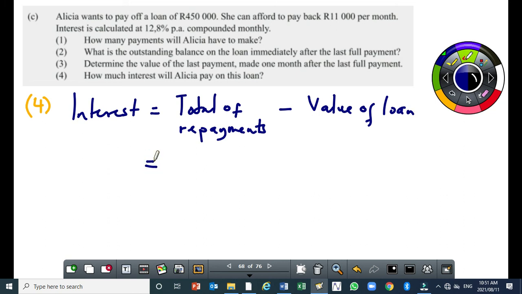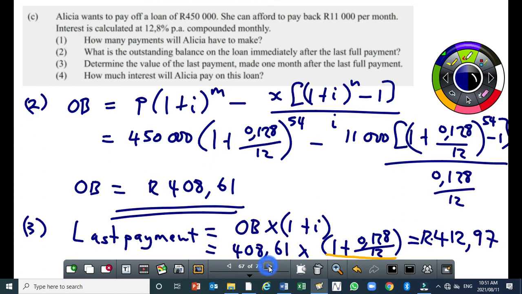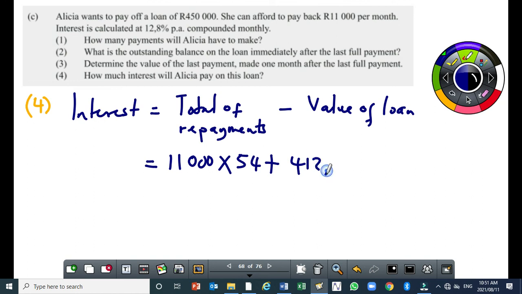So the total payments, she's paying 11,000, but she's paying this 54 times. Okay? So times 54 plus the last payment. You have to include it, it's also part of the repayment. So that last payment is 412 rand, 97 cents. Then we subtract the amount that she borrowed, which is 450,000.